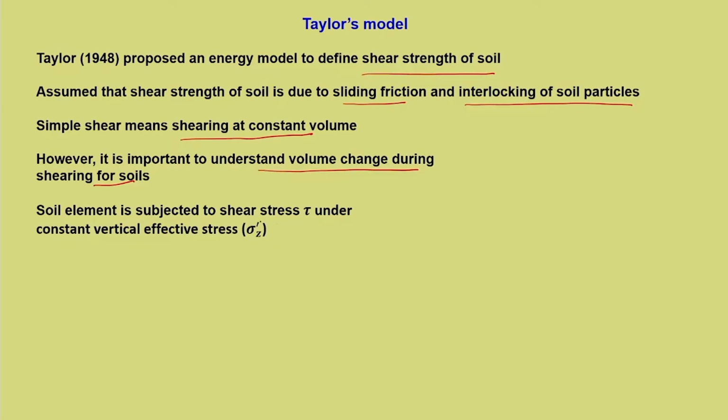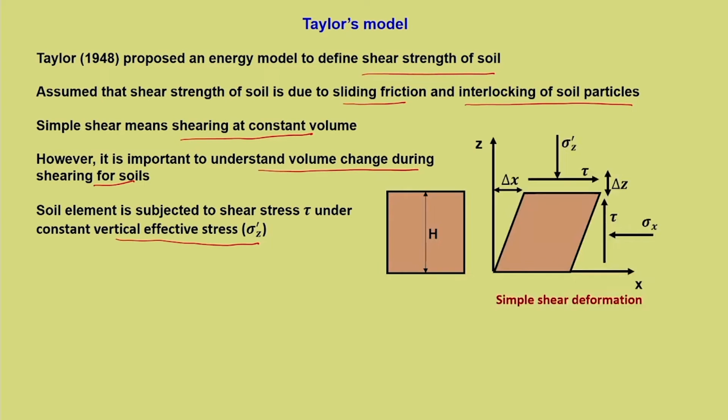So the soil element is subjected to shear stress tau under constant vertical stress sigma dash z. This is the soil element. It is subjected to tau, which is the shear stress, and sigma dash z, which is the constant confining vertical effective stress.